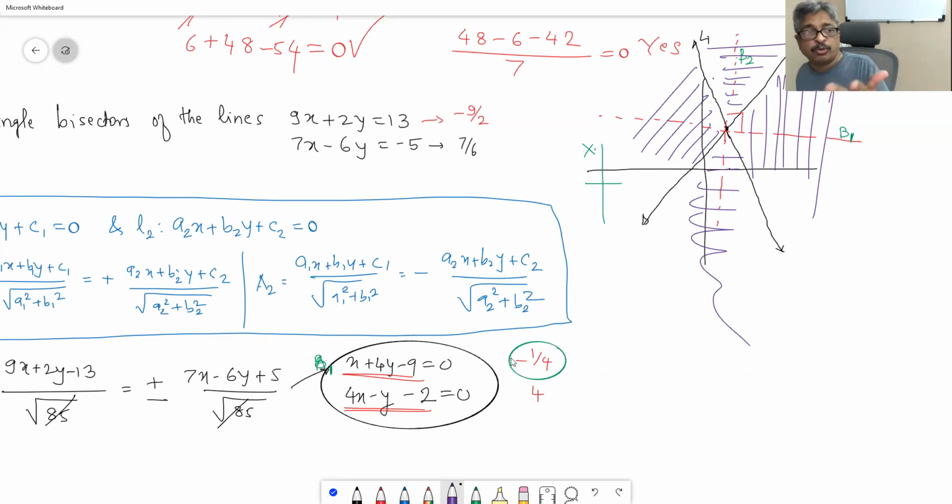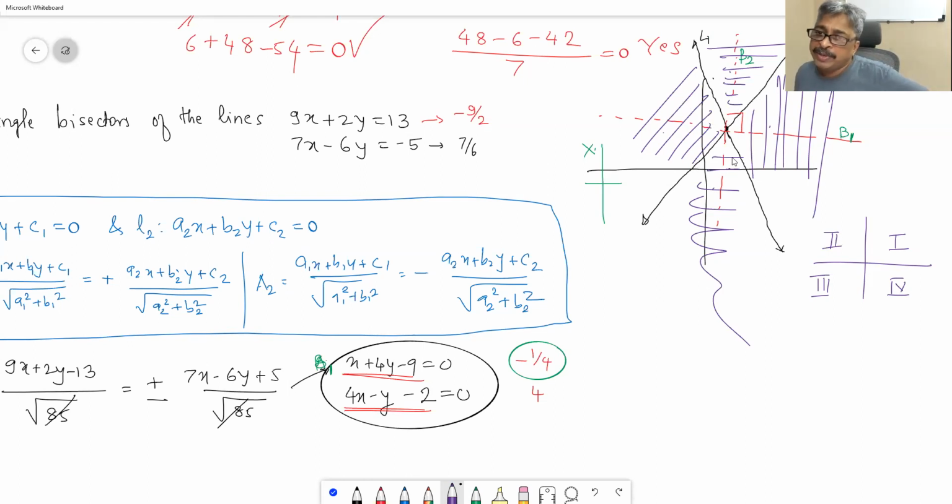And of course, there are 2 more parts of the plane which are lines themselves. But then let us consider 4 quadrants. 1, 2, 3, 4. If x-axis and y-axis are concerned, this is called the first quadrant. This is called the second quadrant. This is called the third quadrant. This is called the fourth quadrant. But if those are any 2 lines, L1, L2, they are not called first, second. There are 4 quadrants totally.